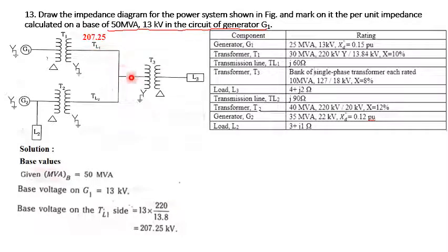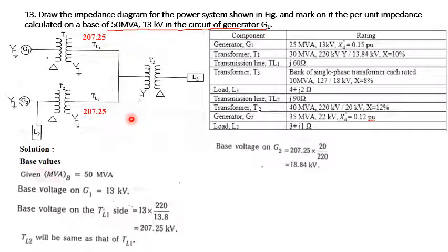This voltage remains the same till here, and it is also the same for TL2. So TL2 will be the same as TL1, that is 207.25. Then we have to calculate the G2 value. This is the LV side of T2. What is the voltage we already got? It is 207.25 into the LT rating of transformer T2 divided by the ST rating, that is 20 divided by 220.